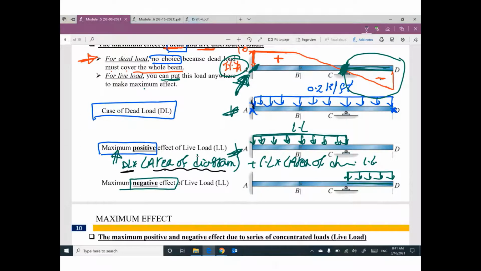In our case, the dead load covers the whole beam, so the whole diagram. Live load times the area of the diagram covered by live load only. If you are talking about maximum positive, I will multiply by this area only. If you are talking about maximum negative, I will multiply by this diagram only. So for live load, we have a choice. For dead load, we don't have a choice.